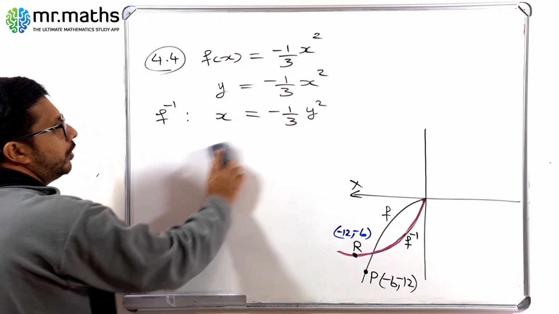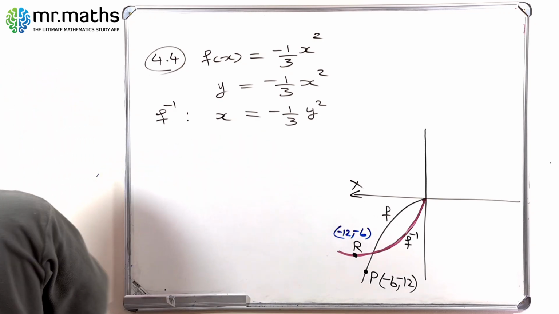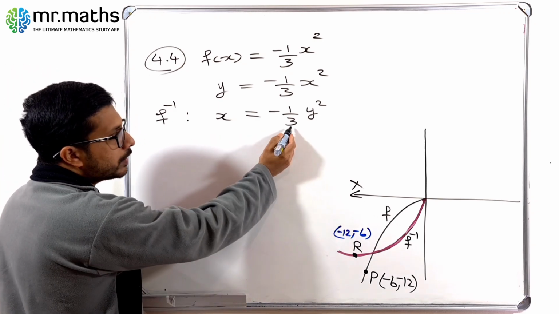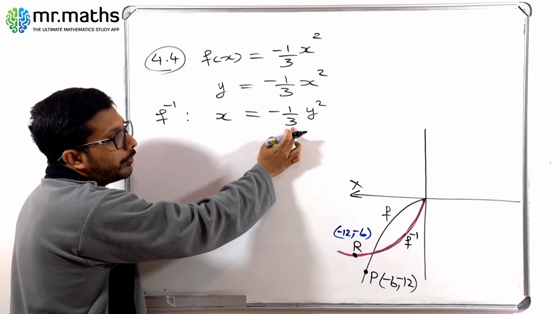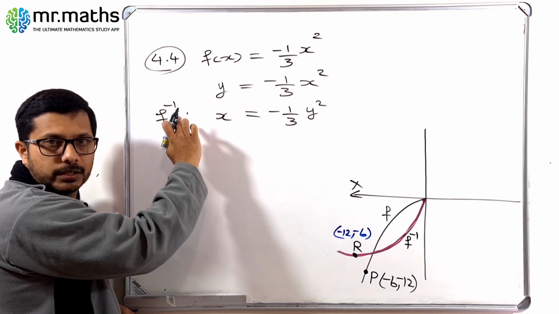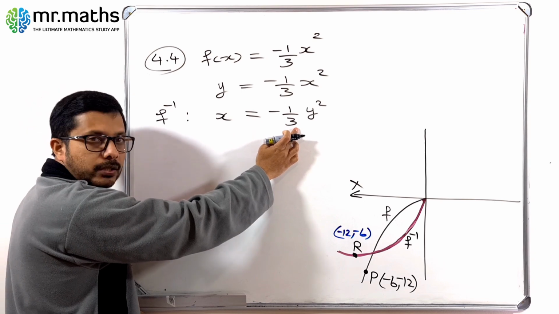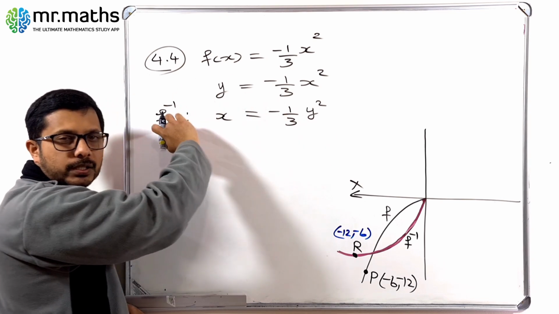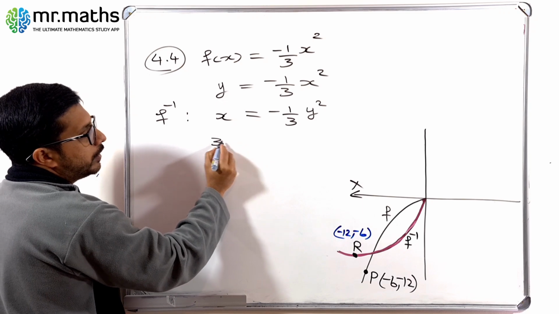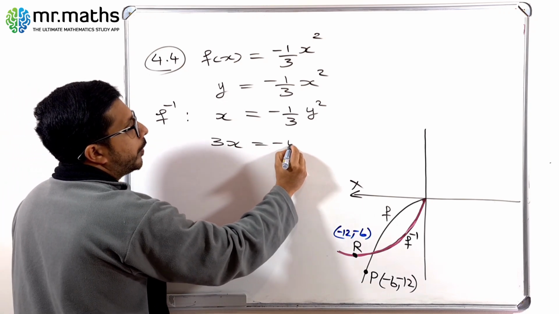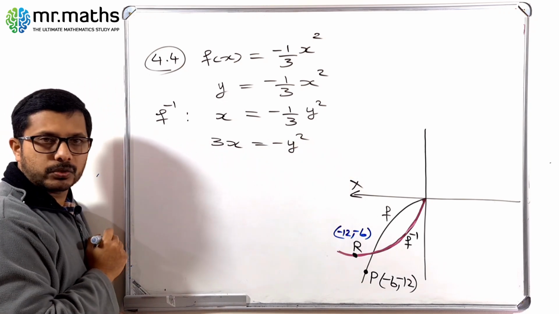Y is equal to. So for that, what I'm going to do is, this 3 is in the denominator, am I right? So if I take this 3 to this side, it is multiplication. This is division. This 3 is division here. So on the other side it is multiplication. So this 3 will come here, multiply. That is 3x is equal to minus y square.